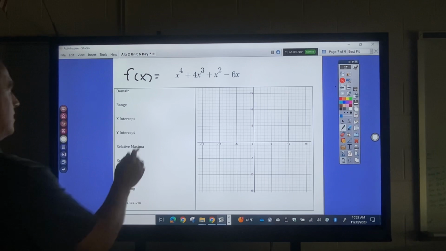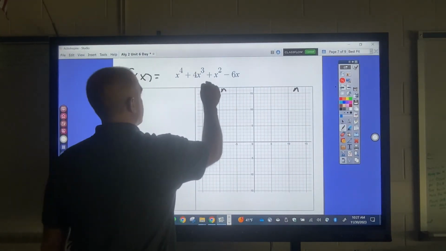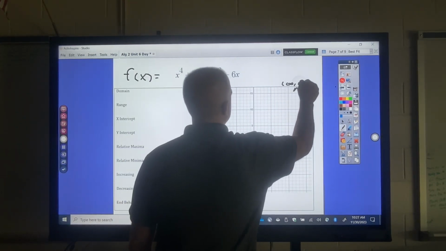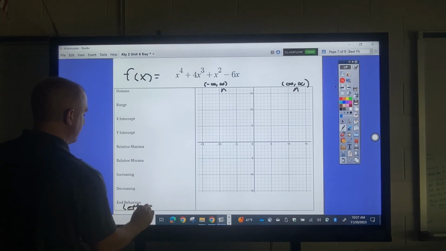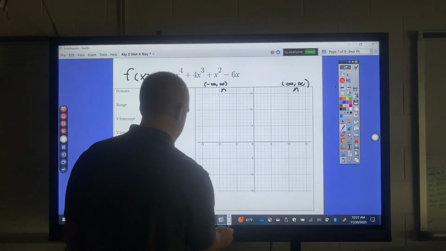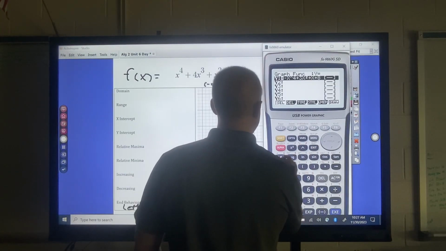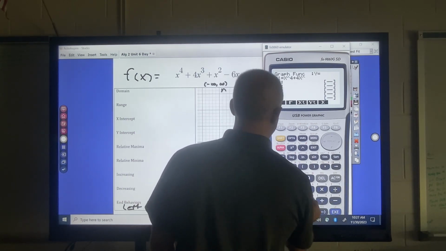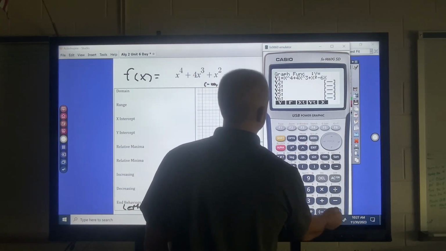Okay. This is a positive. So I got this going on. So that'd be negative, positive. So it'd be positive, positive. So my left end behavior automatically I know is positive infinity, and my right end behavior is also positive infinity. Okay. So I got x to the fourth plus 4x cubed plus x squared minus 6x.